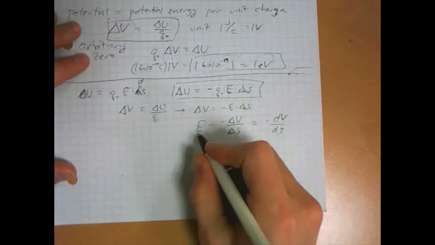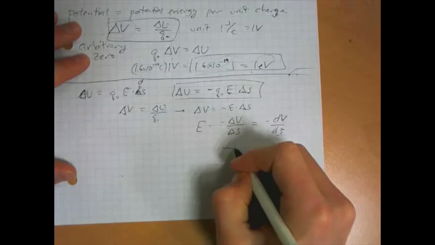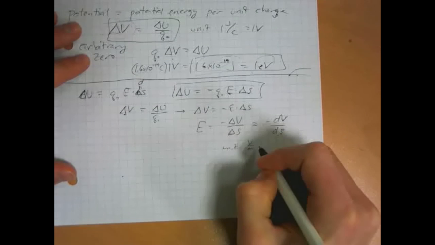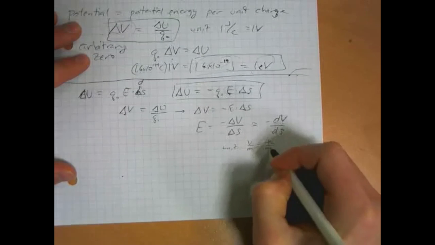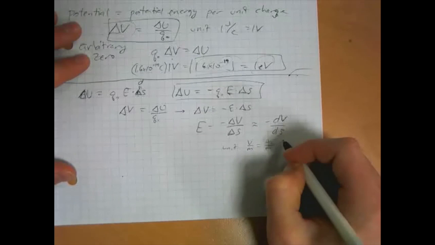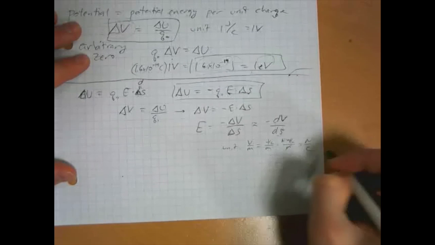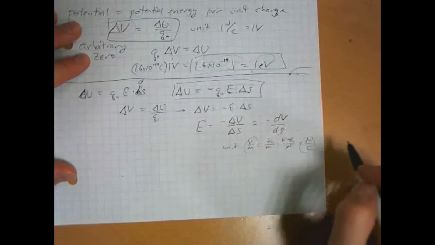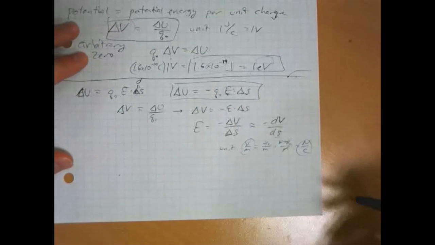And it's a voltage over a displacement, so that unit then is a volt per meter. But remember, a volt was a joule per coulomb, and a joule is a Newton meter. So you can see that's equivalent to newtons per coulomb. Volt per meter, Newton per coulomb, they're the same thing, and both are viable units for the electric field.